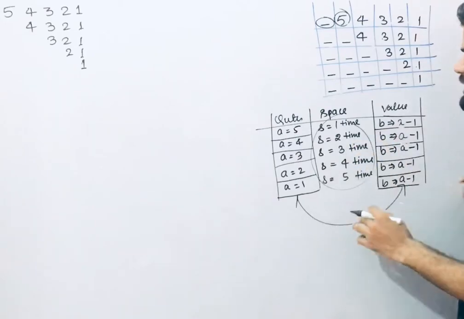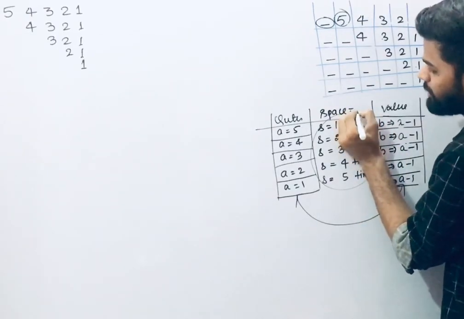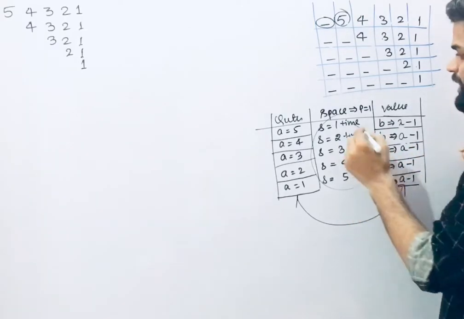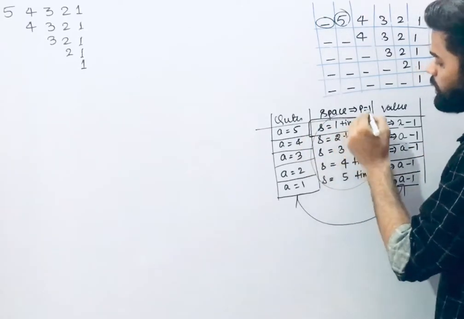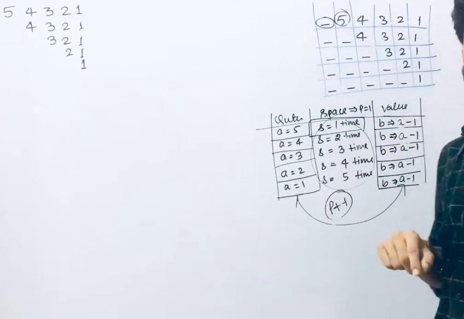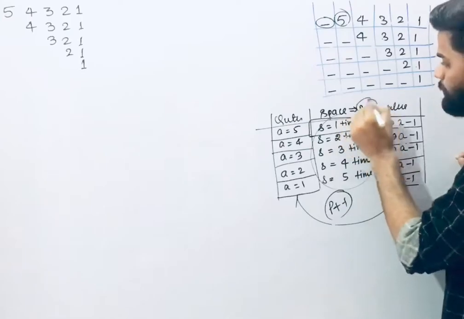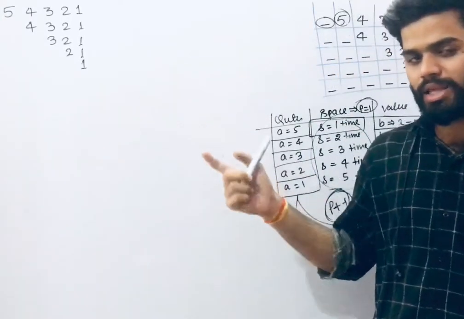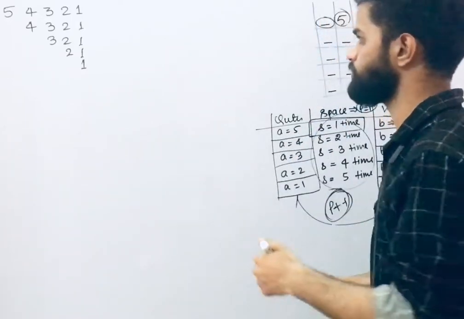So we take one extra variable for space, which is equal to 1, and always when it prints the value we will continue it with p plus plus. I thought you are slightly confused about this one, p equal to 1 and p plus plus. So we will continue our program, and then we will see how we print these values.